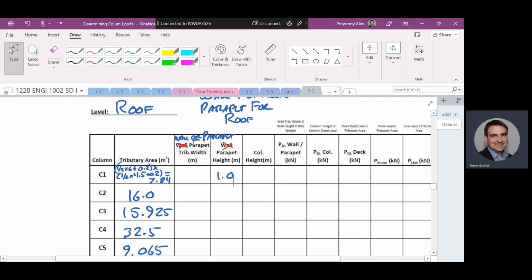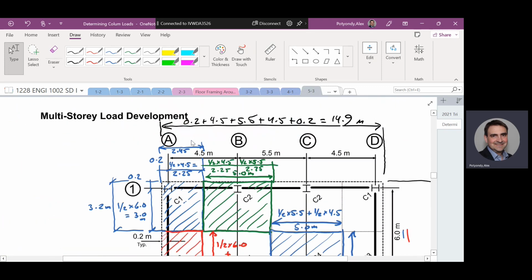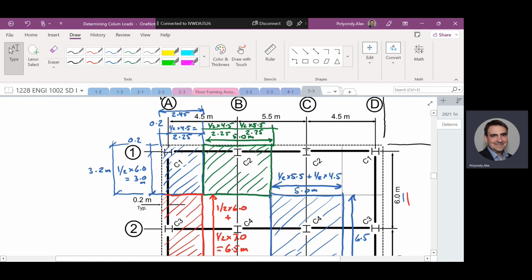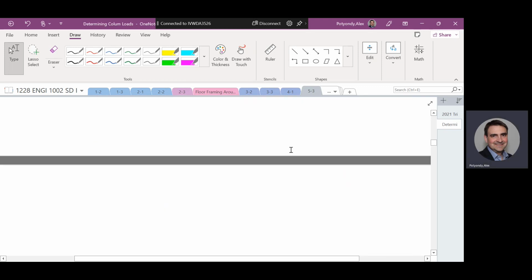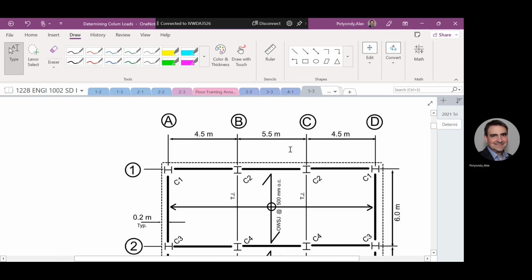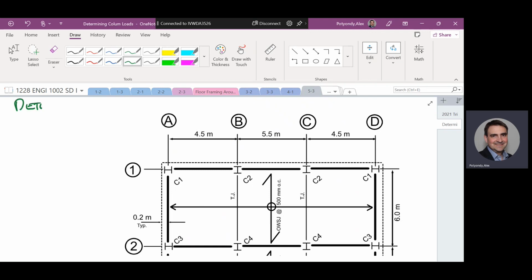All right. The next thing I want to look at is, can I apply that to which columns? This is a bit of a tricky thing. So where does that parapet go? I'm going to go back up to my first diagram way at the top, my first floor plan. And this is going to be part of the next step, which is determining the length of wall a column supports.